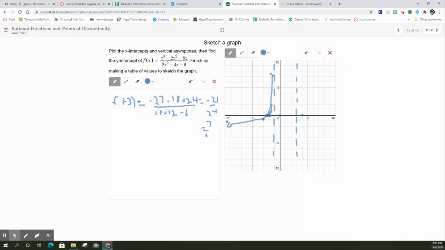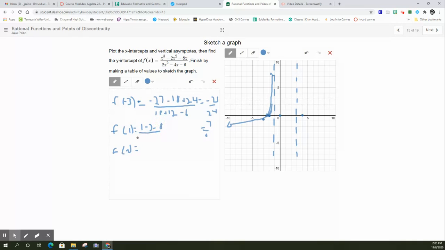All right. So now I need to figure out what's going on in the middle. I already know 0, 0. So let's plug in 1 and let's plug in 2. So I need to find f of 1. I'm just going to plug it in. And then I need to plug in f of 2 as well. If I plug in 1, this can be 1 minus 2 minus 8 on top.